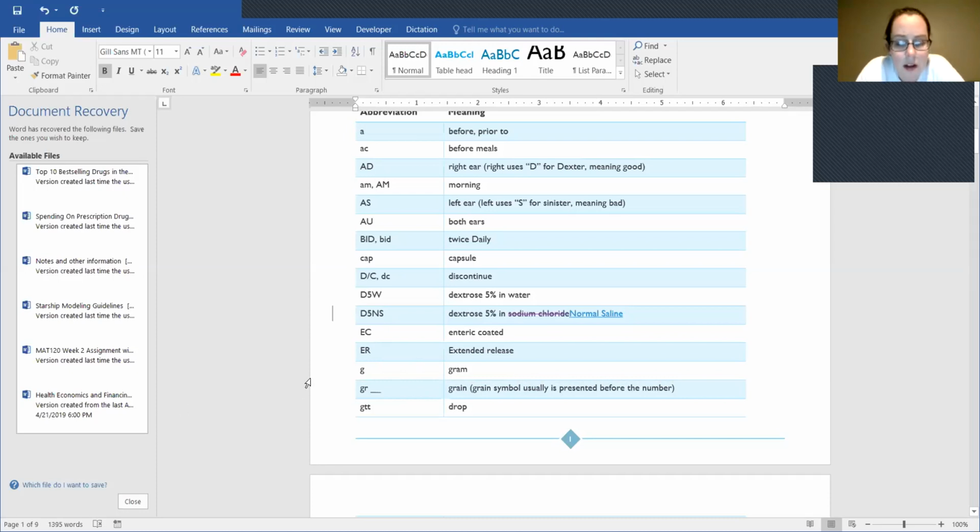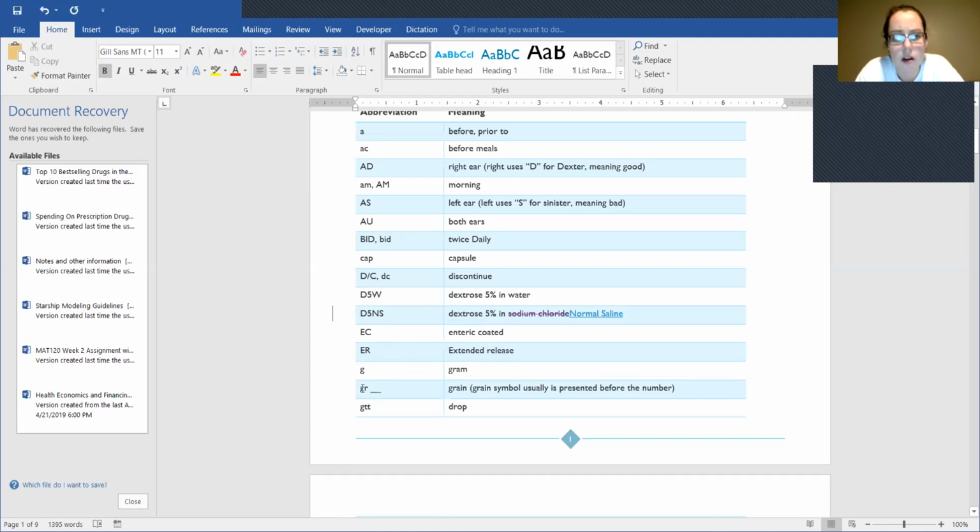Also, there's a difference when we write a dose for a patient. We'll say 1 gram or 0.5 grams. But if we're talking in grains, we would put the number after the GR.